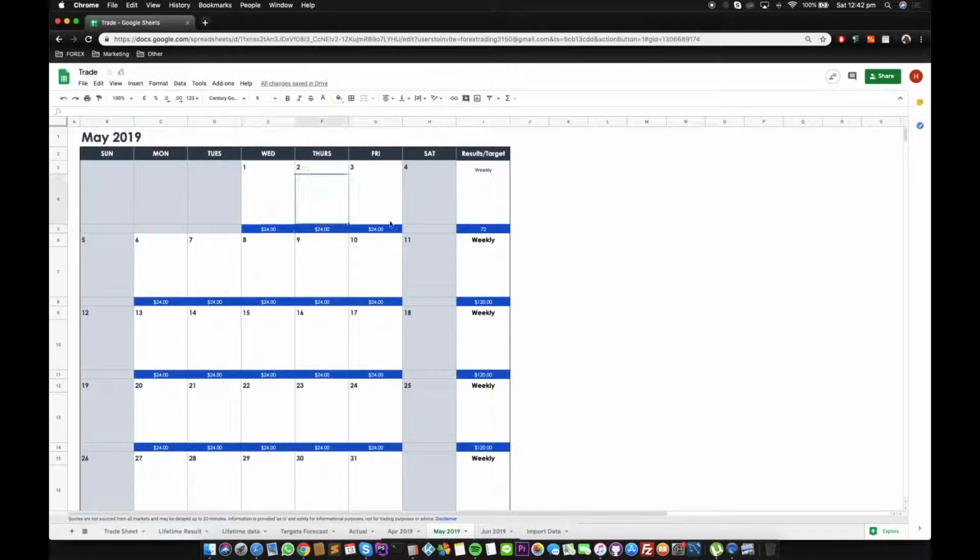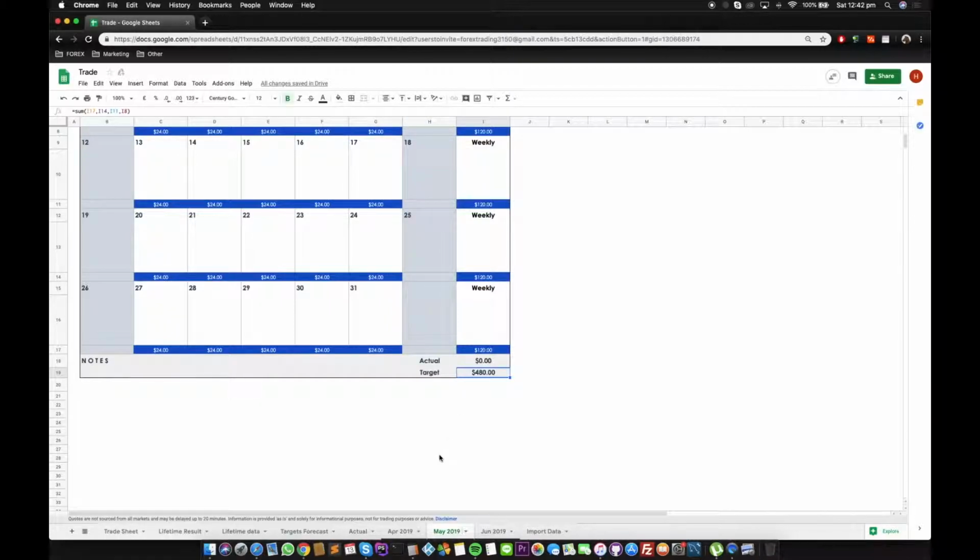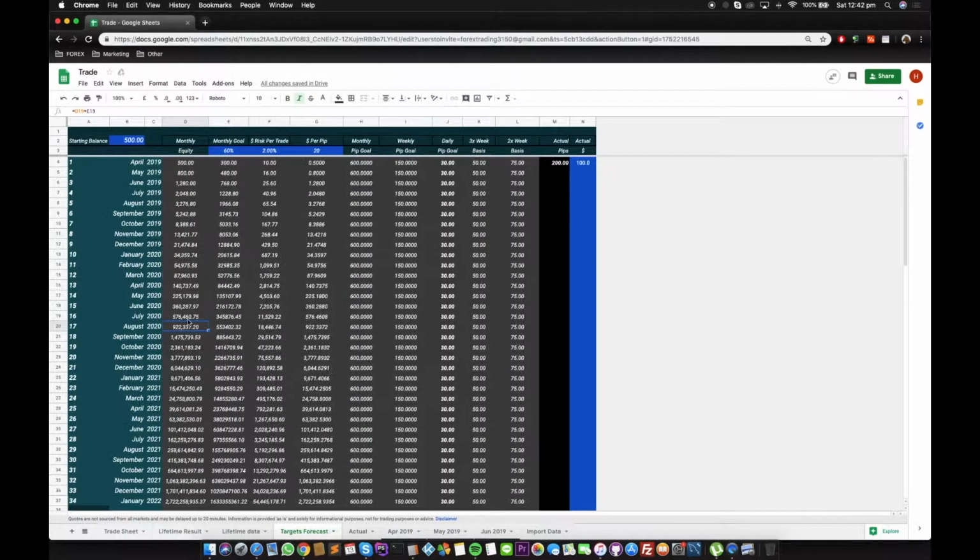And if you're consistent and you meet your target, you can move to the next milestone. So it's pretty much like a video game, really. So if you meet your targets, like Candy Crush, I beat that level. Now I can move on to the next level. Now I can increase my dollar per pip value.